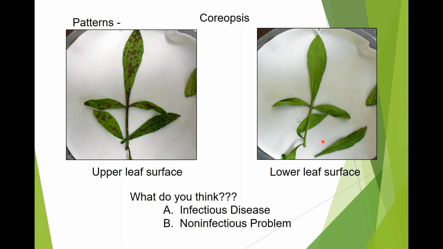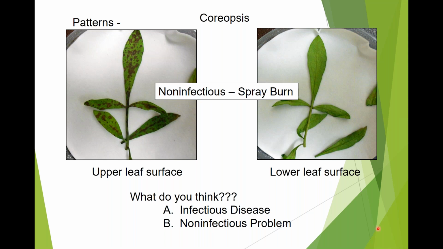I've got some comments about disease because the spots are dark. Sometimes color can be a little deceiving. This is actually a non-infectious problem, and one of the ways you can tell is that I also have a picture of the lower leaf surface here. This is spray injury.